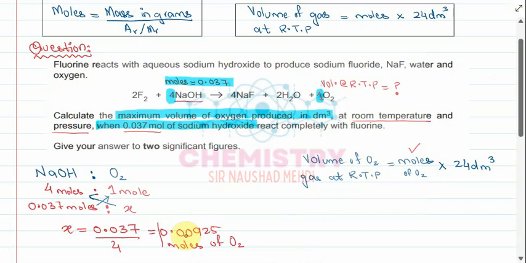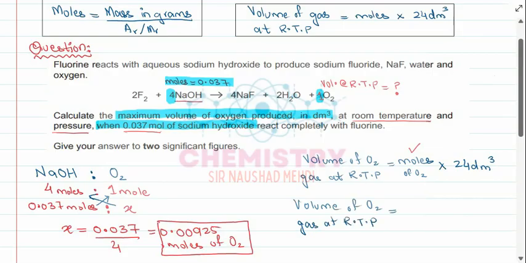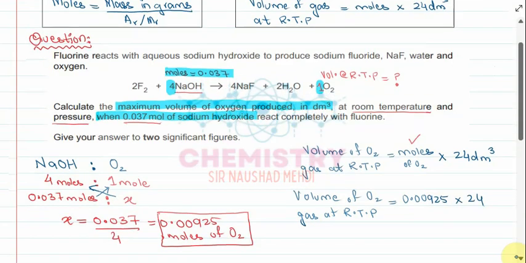Now since you have determined the moles of oxygen gas, I will put these moles in the formula of volume. Since the moles are now known, I will apply the formula: volume of oxygen gas at RTP is moles multiplied by 24. The moles of oxygen you have just calculated is 0.00925, multiplied by 24, which gives 0.222.